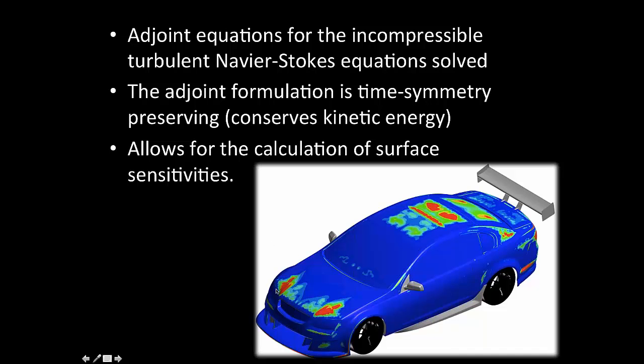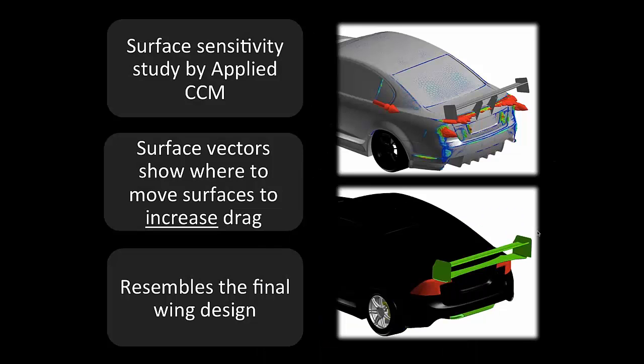So you can see on the surface contours there's some red patches, and the red patches are generally showing areas where you can push and pull panels to get the maximum change overall for your aero on your vehicle. Here's the example of the vectors on the surface there.